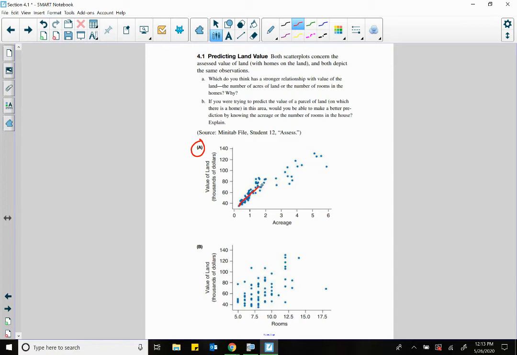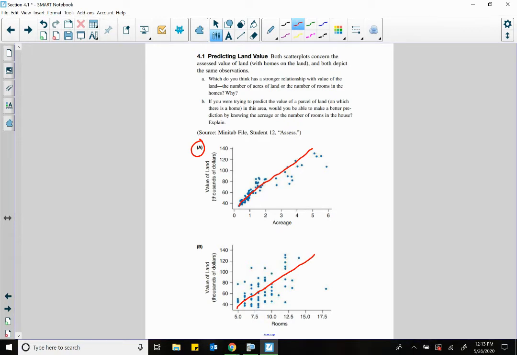If you look at this, all these points lie pretty close to this line. If you were down here, it almost looks like there's no trend. So you can see there's a lot of variability there. My vertical lines are huge. So this has a stronger relationship because the dots are more closely compact in forming that line.